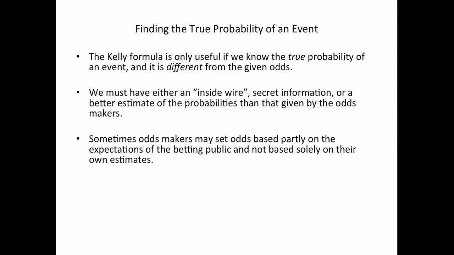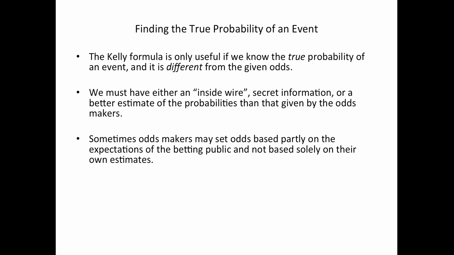So sometimes the odds maker may actually set odds based partly on their expectations of the betting public and not based solely on their own estimates. So they may be adjusting the odds, for example, a game with the Yankees and maybe the Red Sox, maybe against a smaller, less popular team. You put a little overvaluation in the home team for large markets.